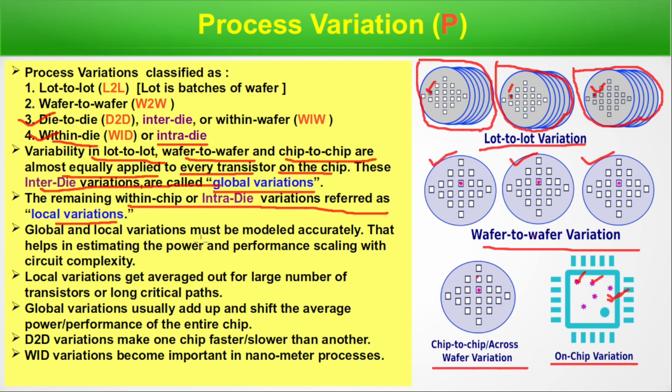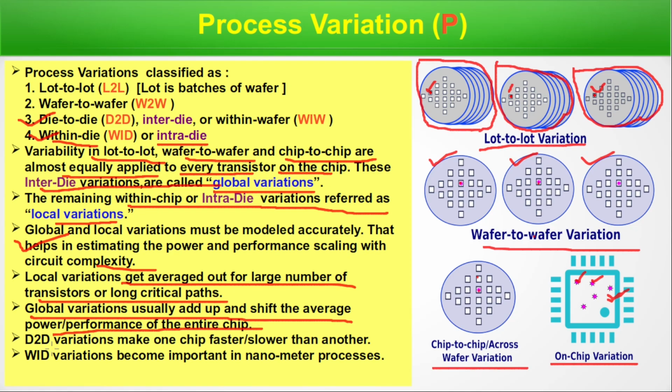Now global and local variations must be modeled accurately. That helps in estimating the power and performance scaling of the circuit complexity. During analysis, we must model this variability. Otherwise, we can never estimate the yield or performance; that estimation will be wrong. Local variations get averaged out for a large number of transistors or long critical paths, and global variations usually add up and shift the average power and performance of the entire chip.